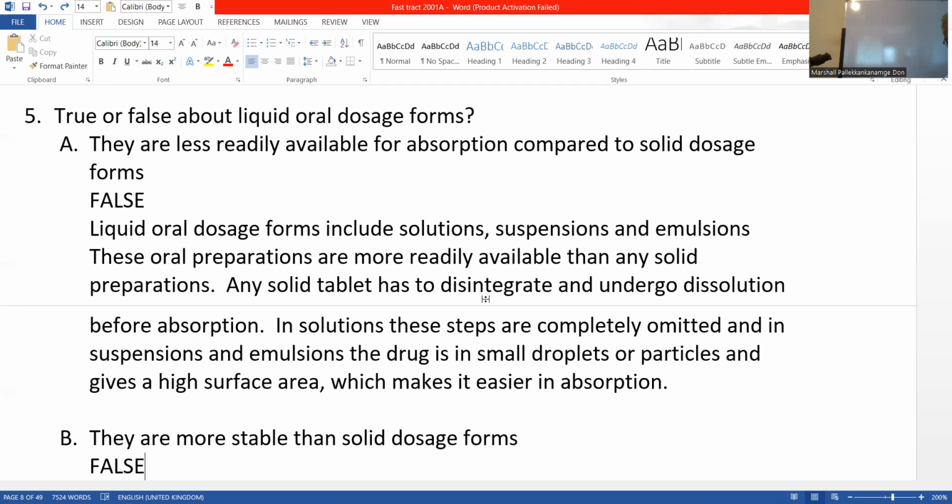B, they are more stable than solid dosage forms. That is false, because liquid dosage forms are a good medium for bacterial and fungal growth. So microorganisms can easily attack the preparation. Another problem is hydrolysis. If the drug is in liquid form, it can easily get hydrolyzed. One example is amoxicillin syrup.